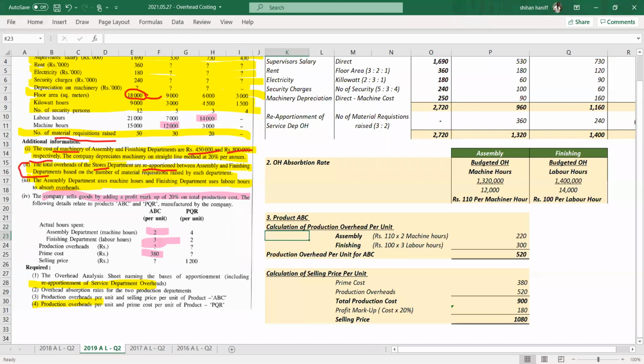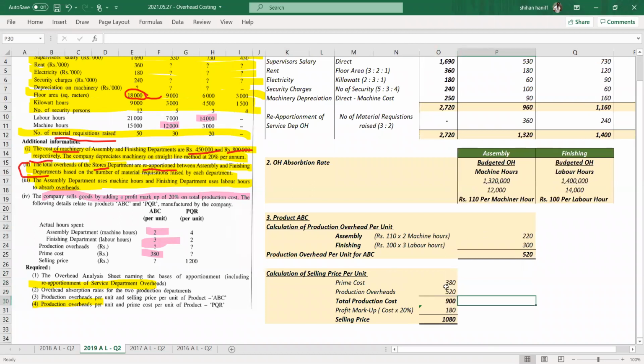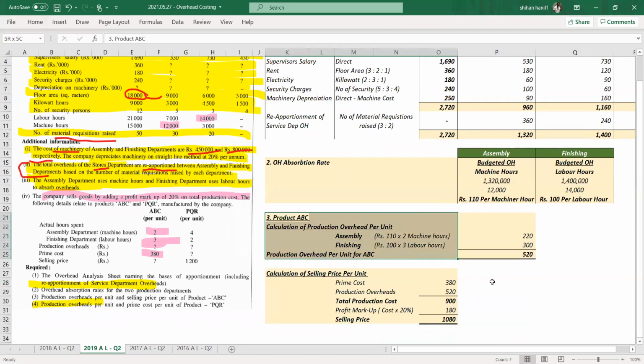So calculating per unit, this is the selling price. So that's for the third question.